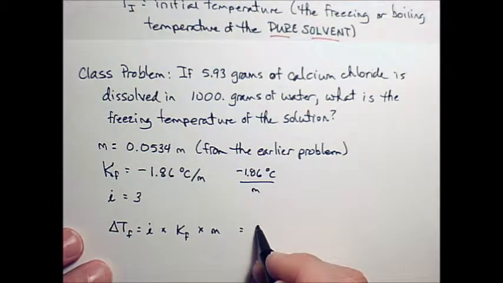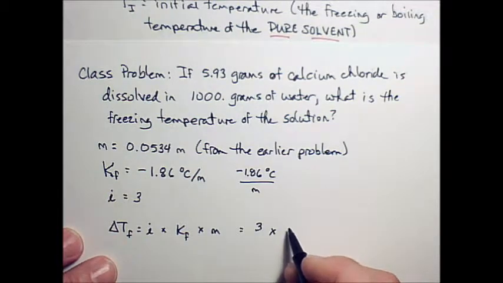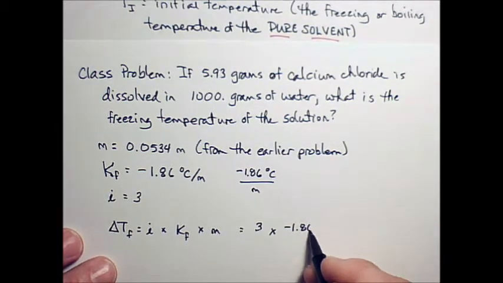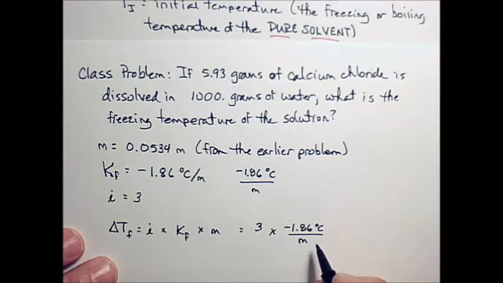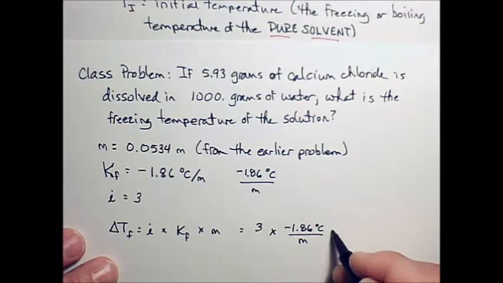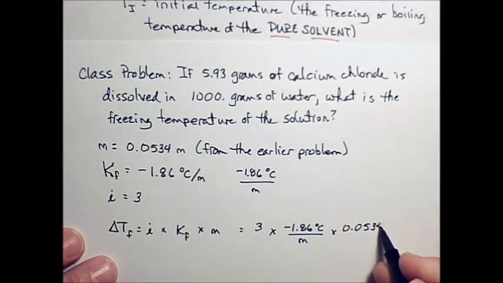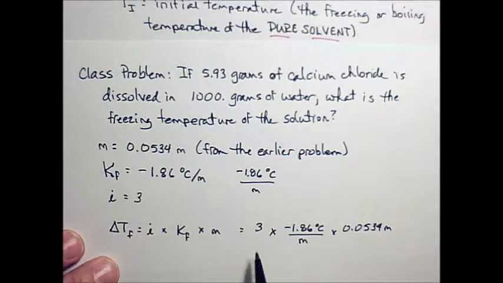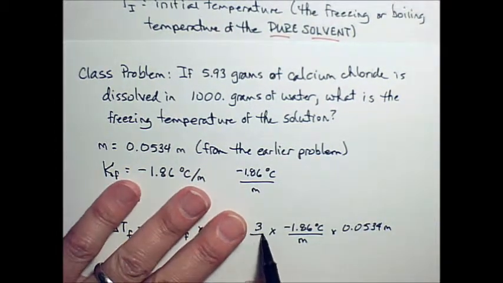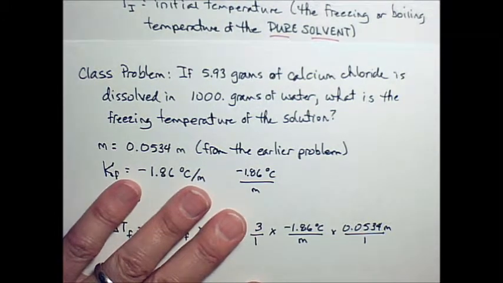So I is 3, K sub F is negative 1.86 degrees C over mole concentration. And the mole concentration is 0.0534 mole. And to make all this work out so we can see what we're going to cancel easier, let's put these over 1.